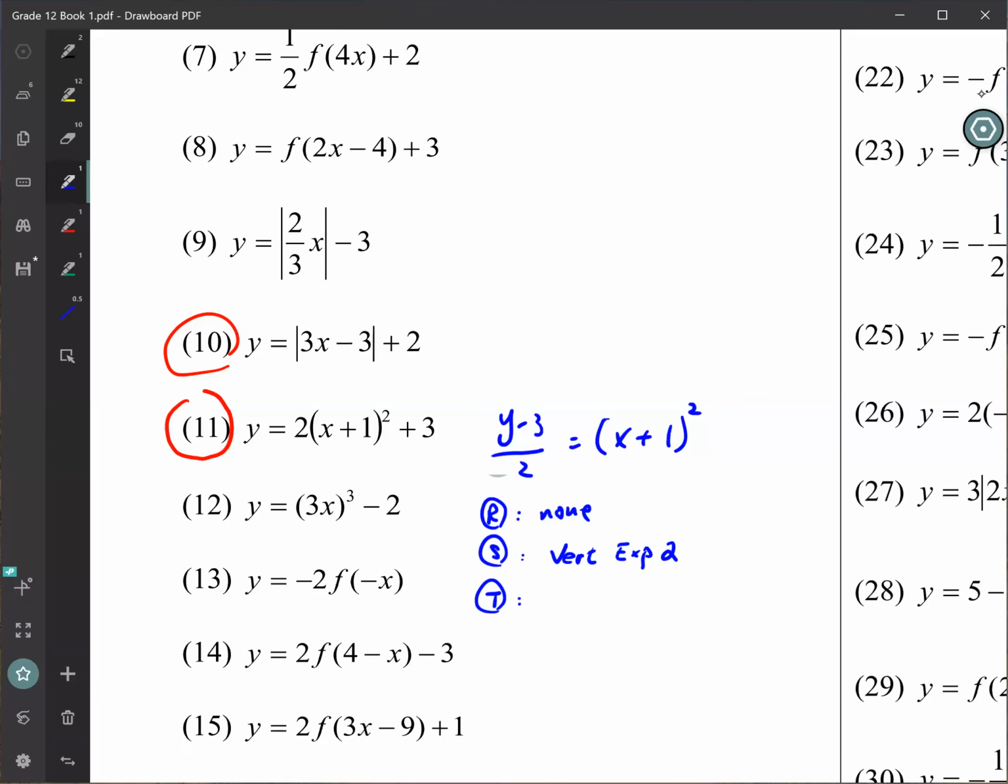Translate up by 3, yeah. And then down by 1, which way? Left.